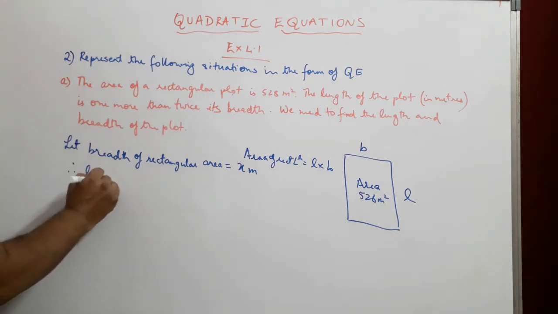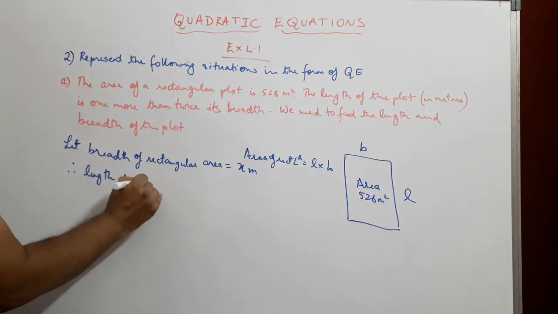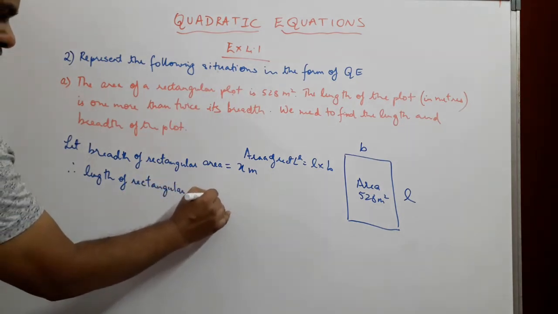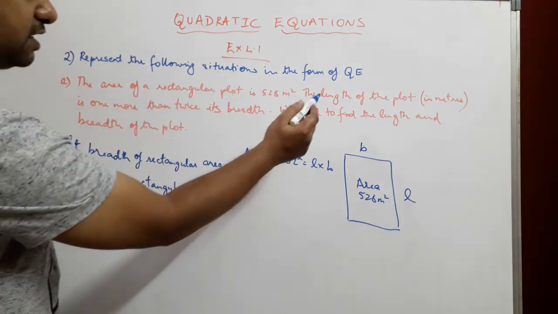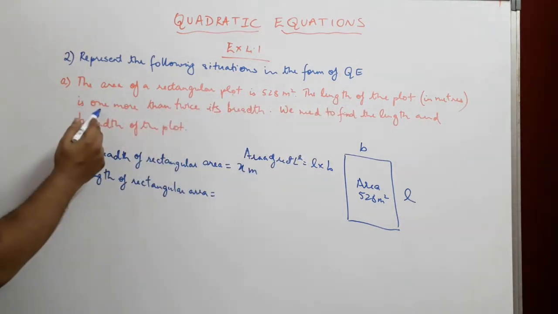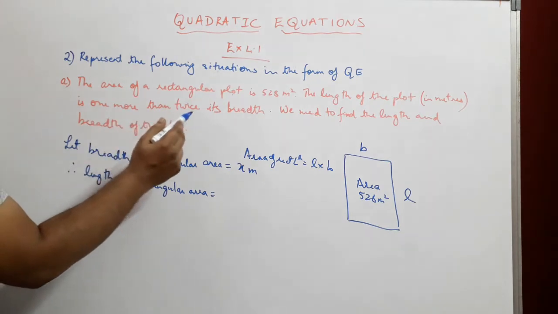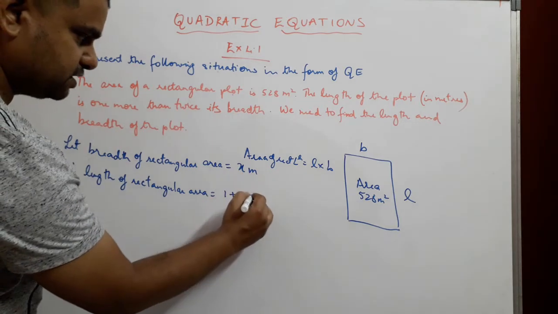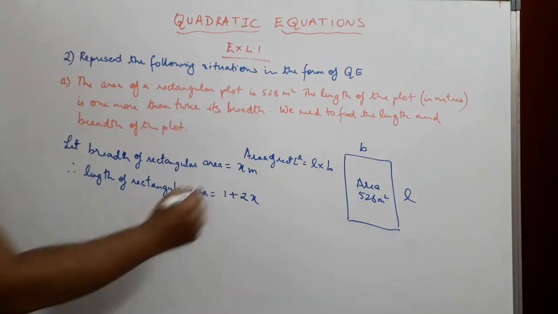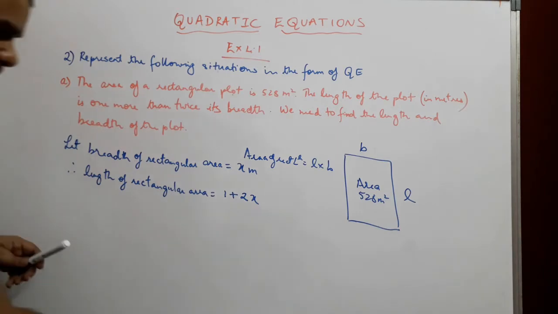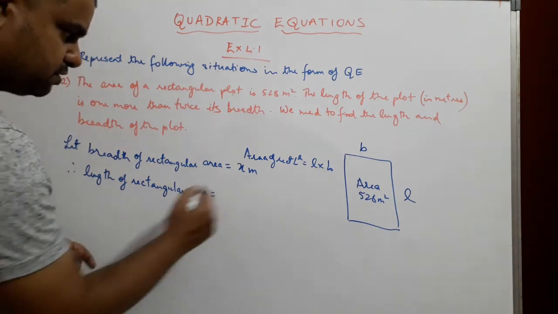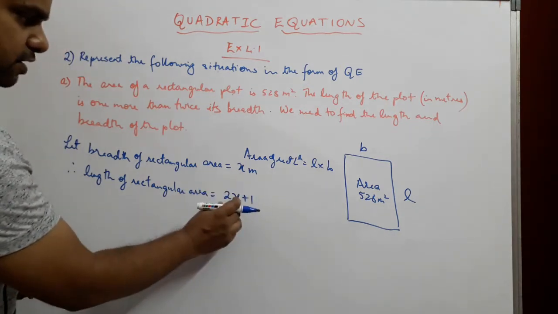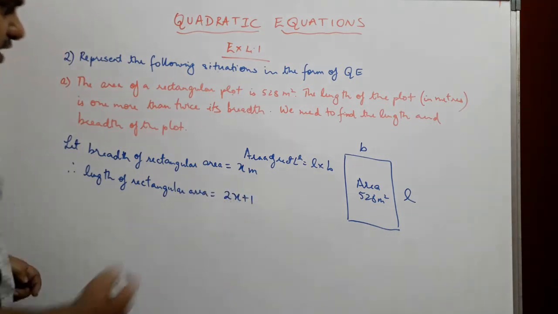Therefore the length of the rectangular area, in our problem, is given as one more than twice its breadth. So one more than twice the breadth. Breadth is how much we have assumed? x. So we can write this as 2x plus 1 so that it looks better. That is one more than twice its breadth. Breadth was taken as x.